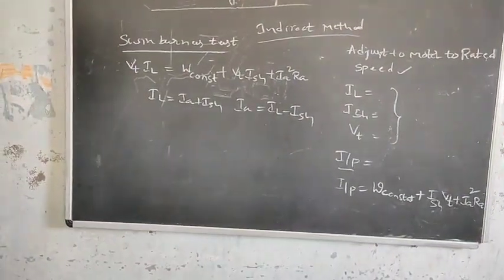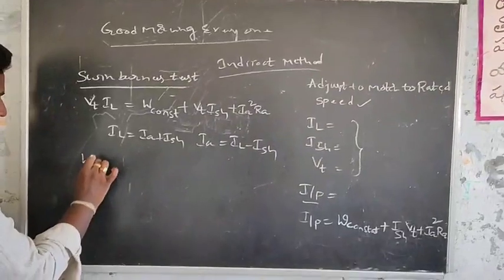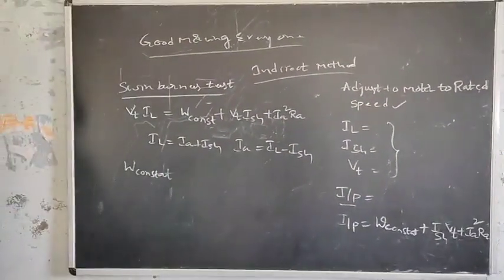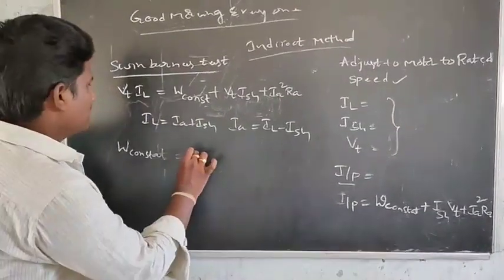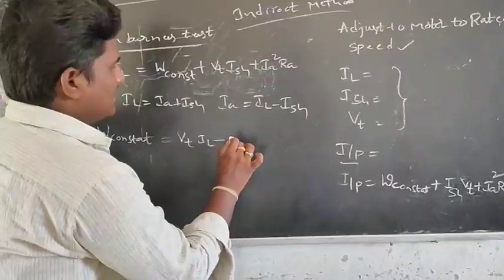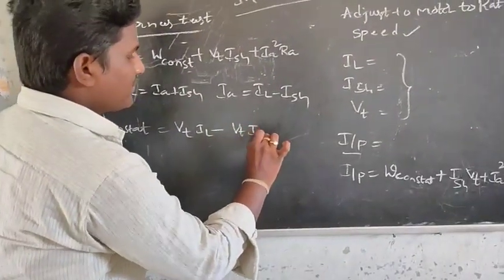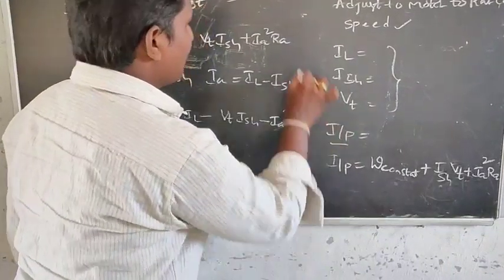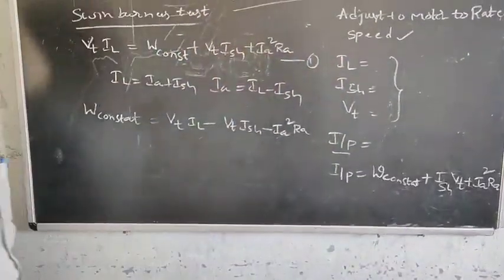From that, W constant equals VT IL minus VT ISH minus IA square RA.